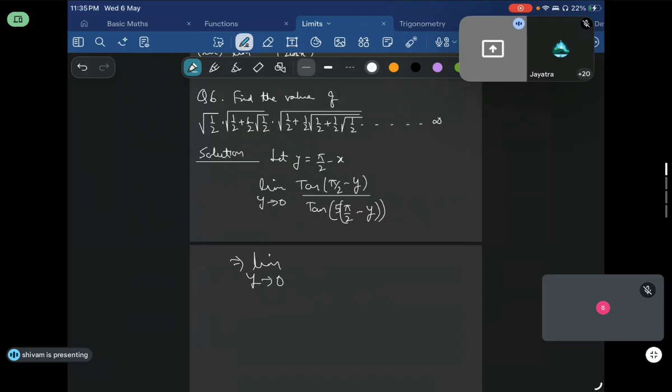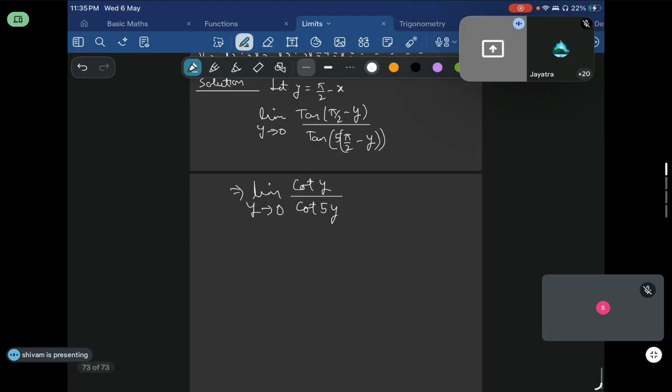So what are we getting, everyone? Limit y tends to 0, cot y upon cot of 5y. This will become limit y tends to 0, tan 5y upon tan y.